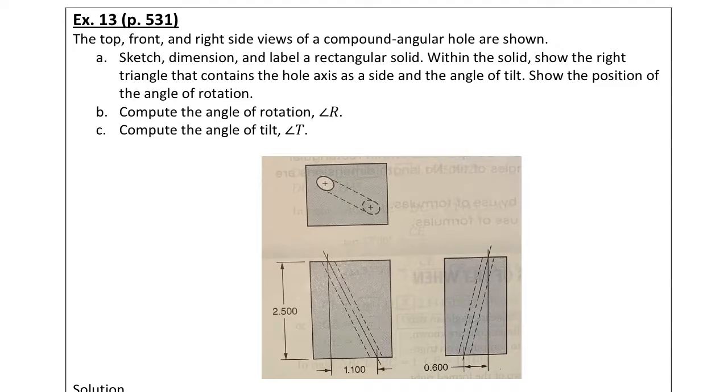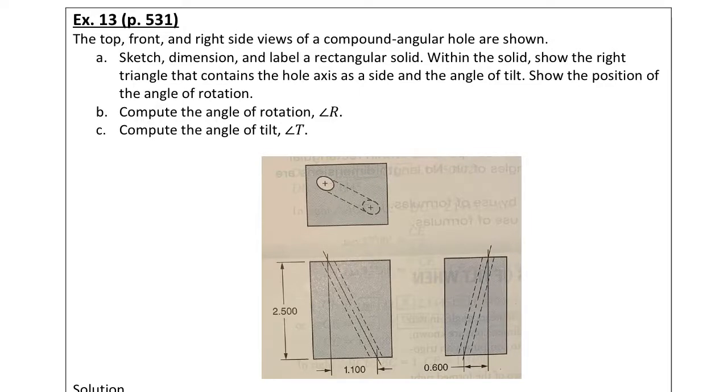In the front view, we see that the height is 2.5 and the length is 1.1. It also shows the axis of the hole as we see it from the front. So from the front, we see that the axis of the hole comes from the upper left and it goes down to the right.